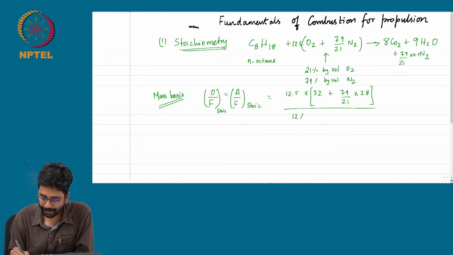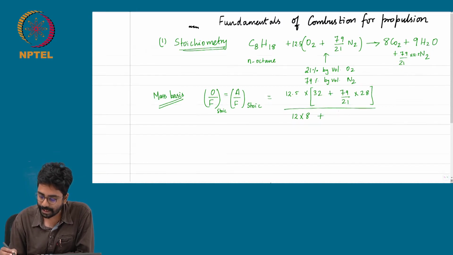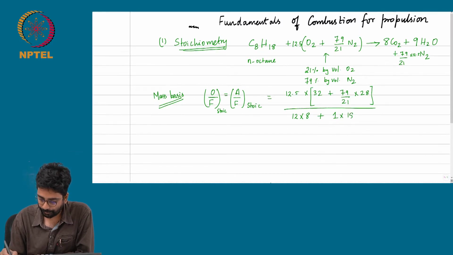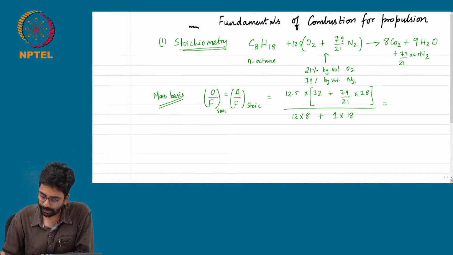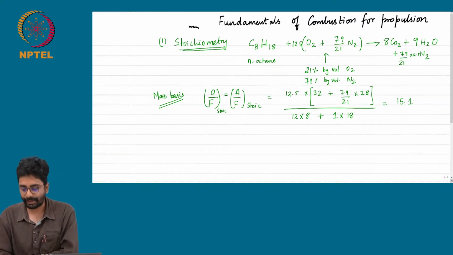The fuel has 8 carbon atoms, each 12 grams per mole, plus 18 hydrogen atoms, each 1 gram per mole. This will give you an air to fuel ratio of about 15.1.